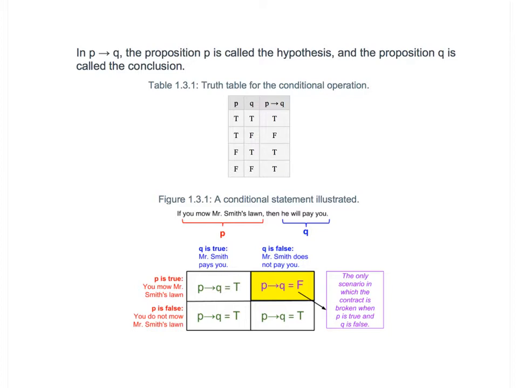Again, no one violated the contract. So as long as the contract is not violated, the value of if P then Q, the conditional statement, is true. Only in the second case, when you mow but he doesn't pay, is the contract broken. Therefore, the conditional statement is false.